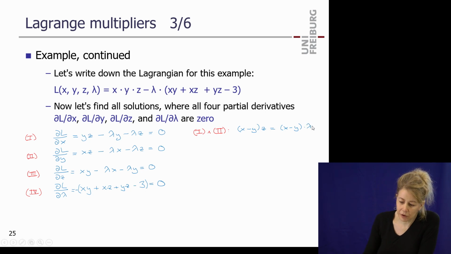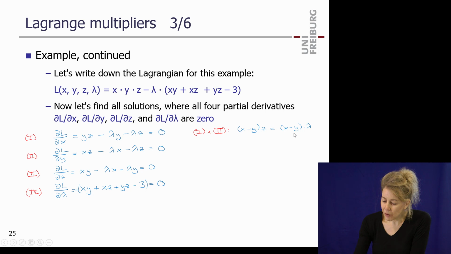Is this correct? I think it is. If I just subtract them from each other, this disappears, lambda z is in both of them. If I just combine these two, I get this. And well, what does this mean?